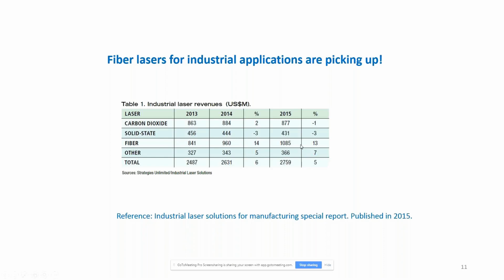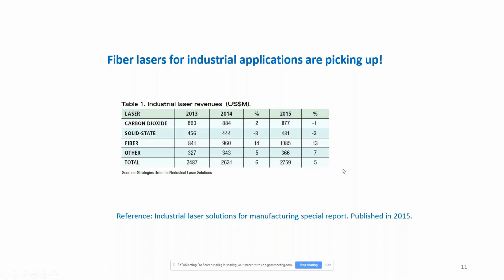You can see in 2015 there is an increase in usage of fiber lasers, in fact, fiber lasers showing a 13% increase in revenue as compared to solid state. That's gone down by 3%, and carbon dioxide has gone down by 1%.